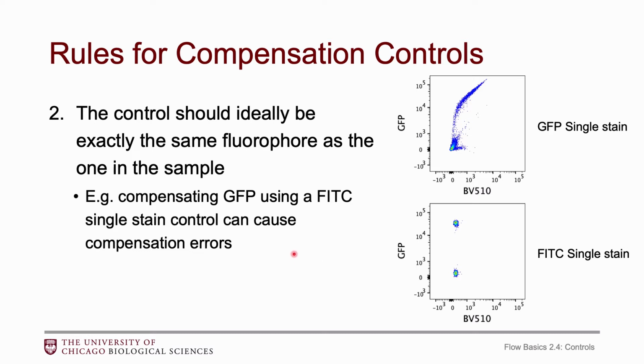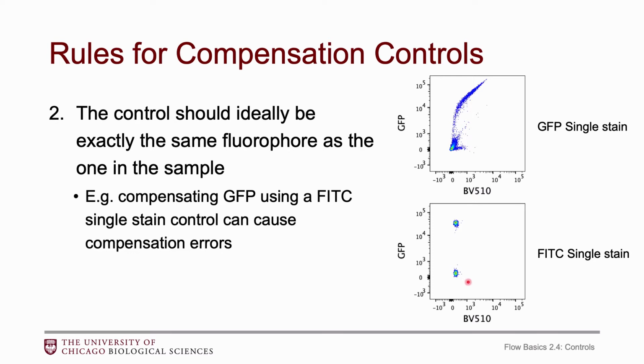Now, the most obvious shortcut that people take is if they're trying to compensate GFP and they decide that it's too difficult for them to get a single stain GFP control, and so they'll use FITC instead, and this is what happens here. So here we have our FITC single stain control, and it's been compensated on the FITC. Looks fantastic, but if we actually apply this same compensation to a GFP single stain, you can see how terrible that looks. It's very undercompensated.